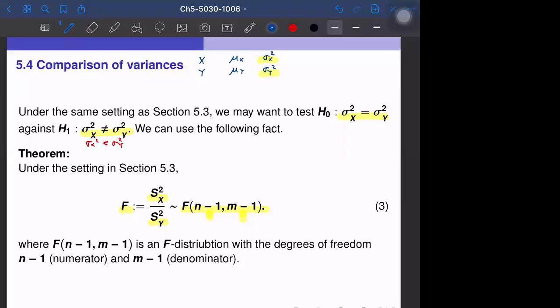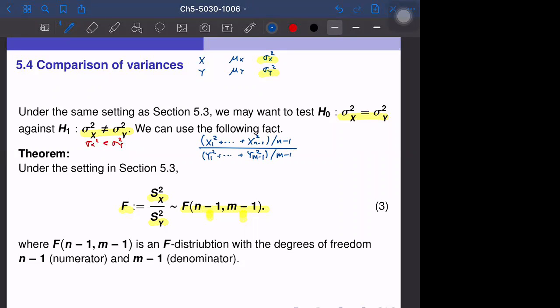And remember that the F random variable is defined by the sum of x1 square to x n-1 square divided by n-1, divided by y1 square plus up to y m-1 square divided by m-1.